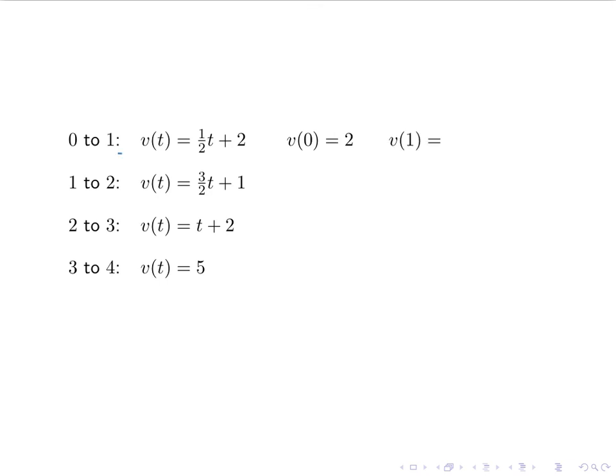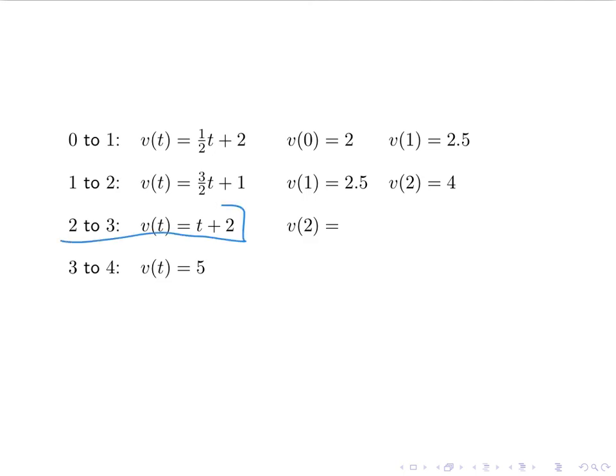And then I'm going to plug in 1. So 1/2 plus 2 is 2.5. Down here, I'm going to plug in 1 and make sure that I'm still getting 2.5, which I am. 3/2 plus 1 is 2.5. And then I'm going to plug in 2. So 3/2 times 2 is 3, plus 1 gives me 4.